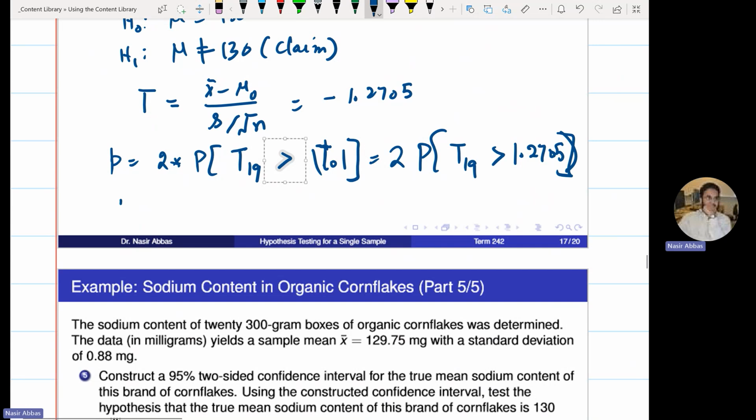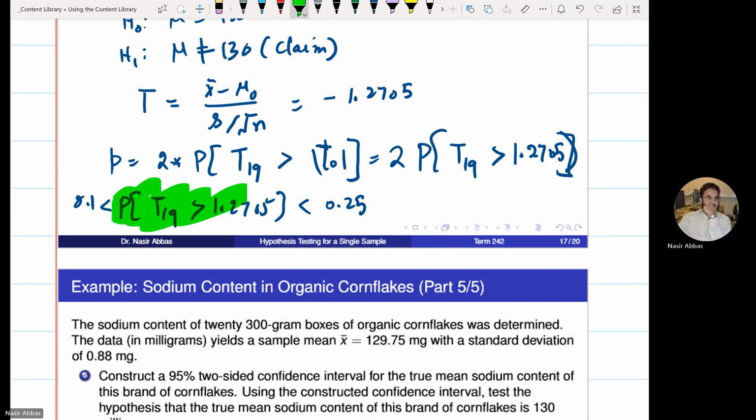So the table tells us that the probability of T19 more than 1.2705 is between 0.1 and 0.25. Is this the p-value? No, it is not. The p-value is 2 times that.